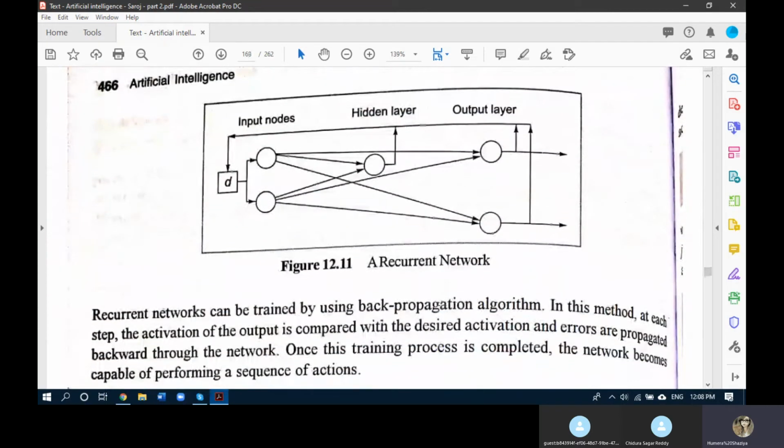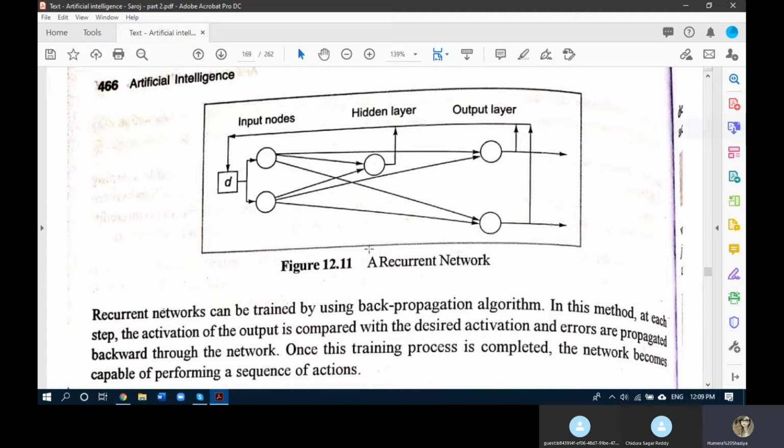Okay, look at here. This is a recurrent network. Here, this output is going again as the input, and this output is going again as the input. From here also you can see output of this node is fed to the input again.